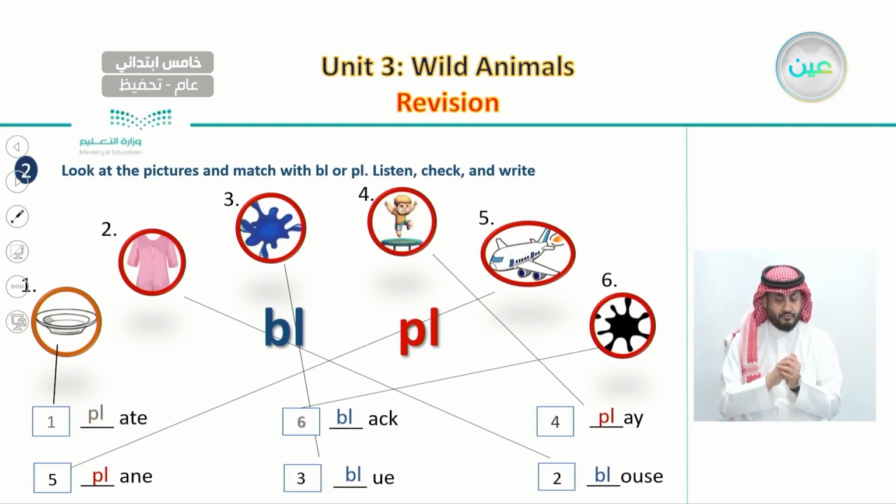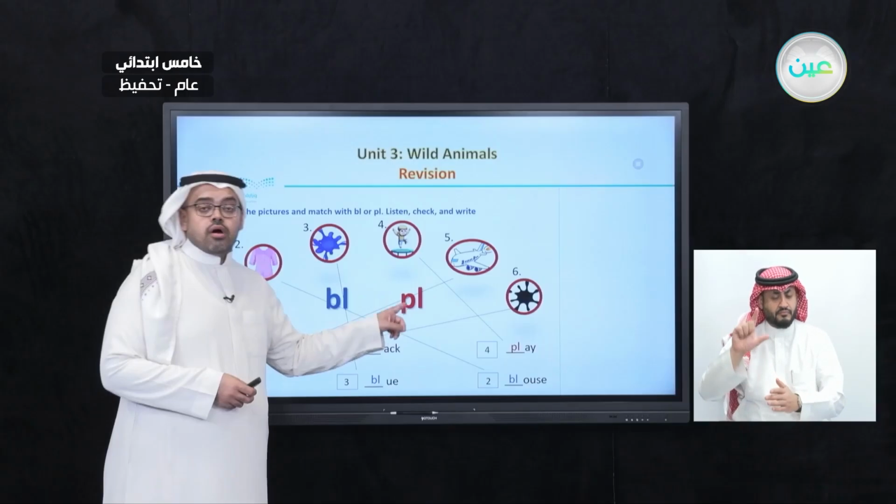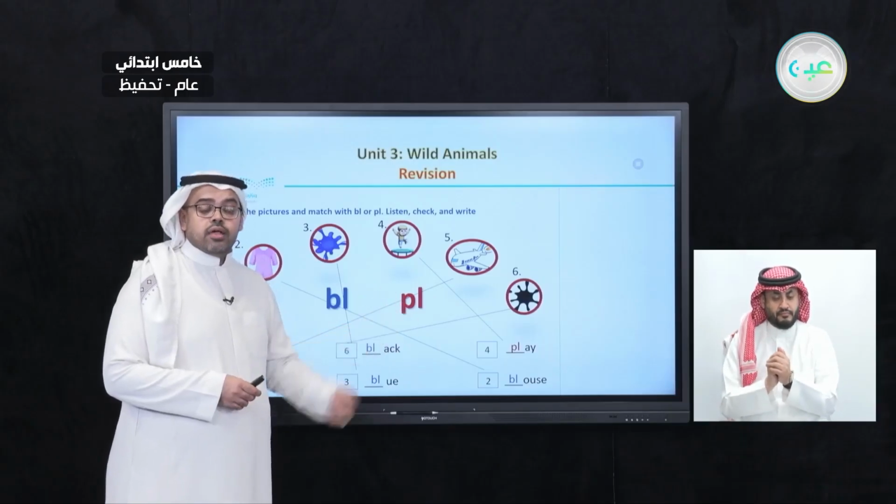The other PL sound is play, play. Say it with me. Play. And also one last word with the PL sound, which is plane, plane. Say it with me. Plane. Very good. So these are the words with the PL sound.